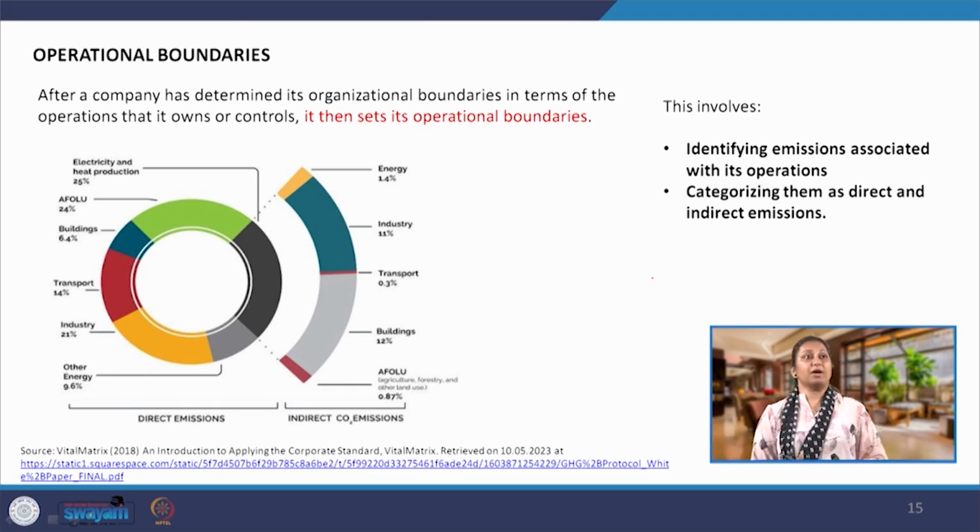For example, if I am a petroleum company and I extract the product, I have my own extraction wells, I process it, I clean it, and then I sell it. All the emissions that are accruing from this particular product, which is the petroleum product as a fuel, these are all my direct emissions.